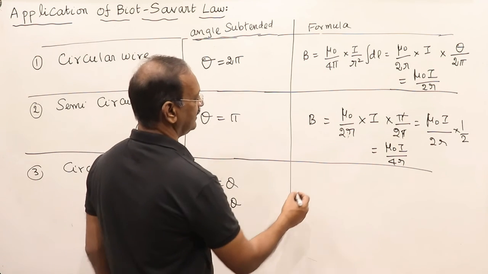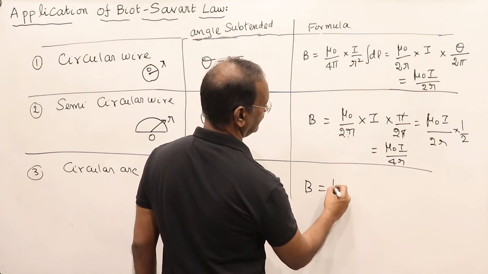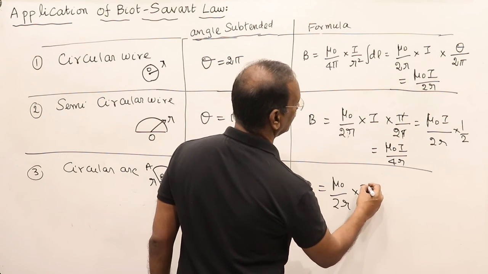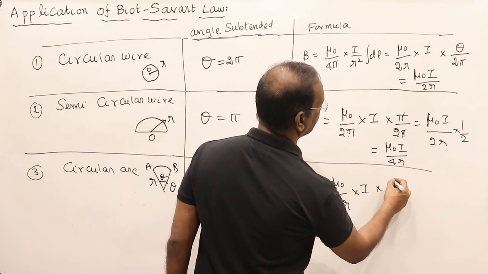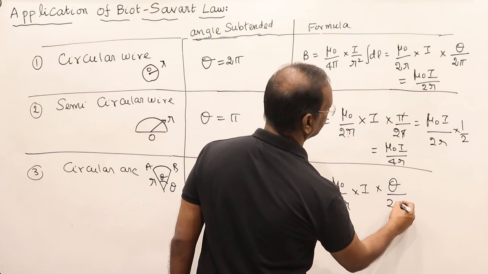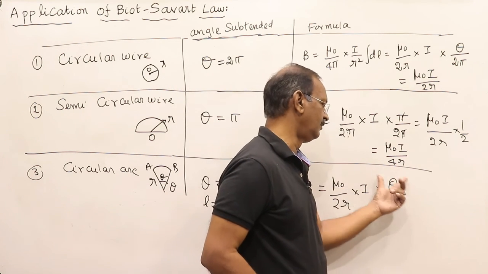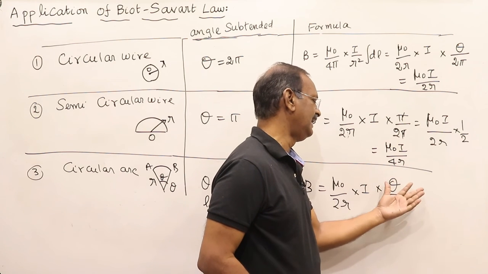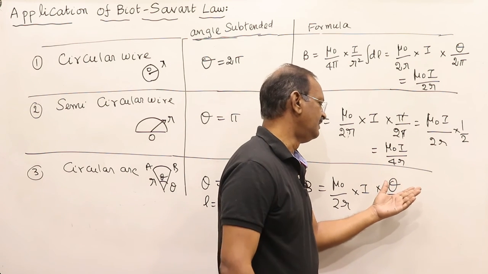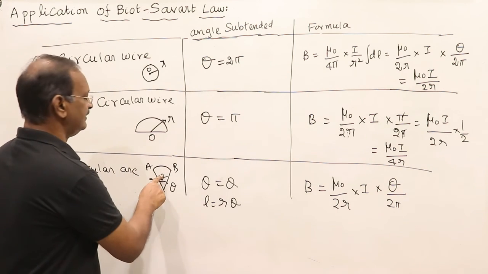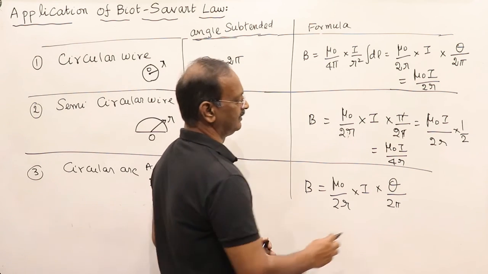So what is the magnetic field? Magnetic field is equal to mu naught by 2r into I into whatever may be the angle divided by 2 pi, the general formula. For a circle it will become 2 pi, for a semicircle it will become pi. If any other angle is given, it will be the angle subtended at the center. This is the general formula.